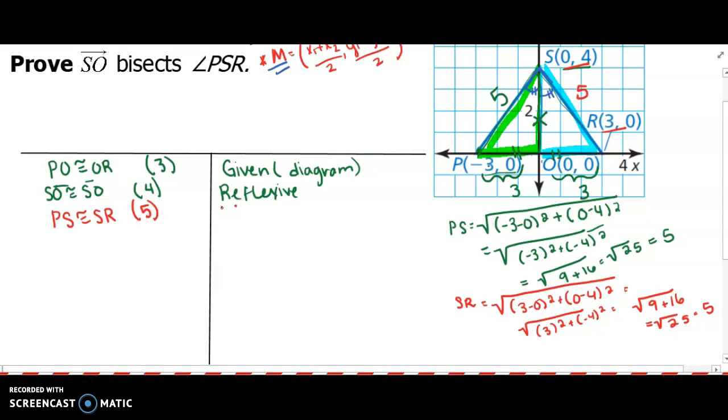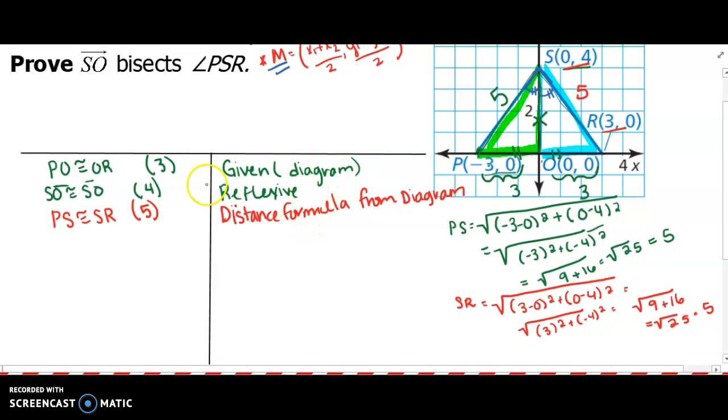I'm going to put in parentheses 5, by the distance formula, from diagram. And guys, there's various ways you can say that. I'm not sure what Big Ideas wants you to say, but something of that nature.